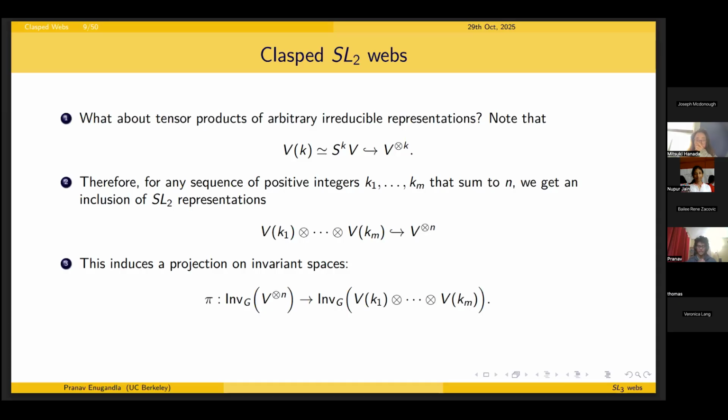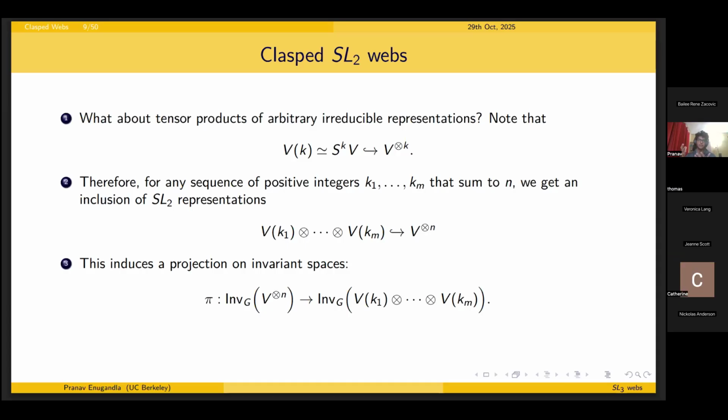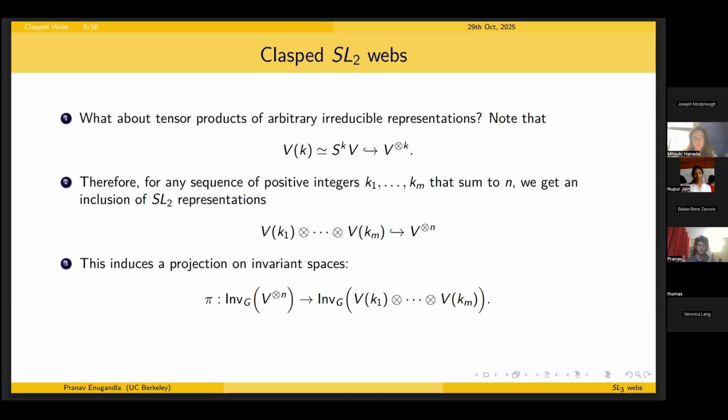The motivation for this is that the classical story tells us a lot about fundamental representations. If I just look at V and tensor powers of V, I understand exactly what the invariants look like. But you could generalize to arbitrary irreducible representations. There's a lot more of those, and we want to understand what the invariant spaces for these look like.